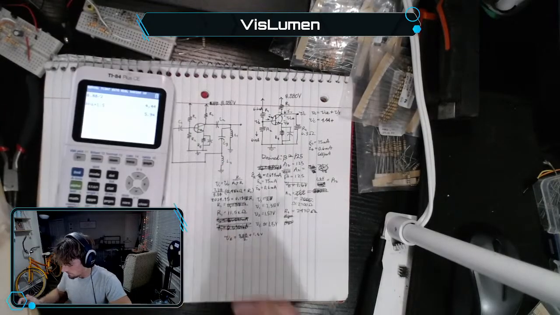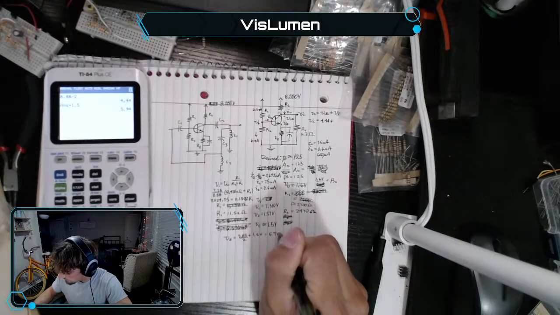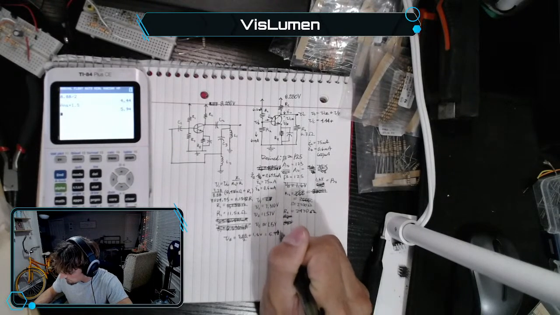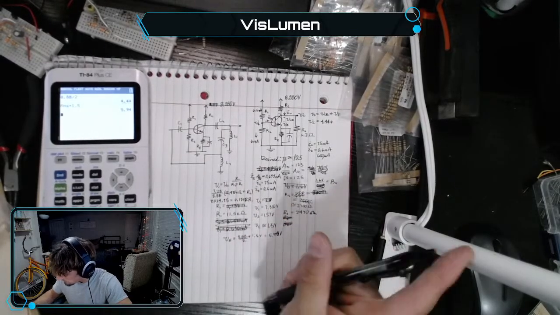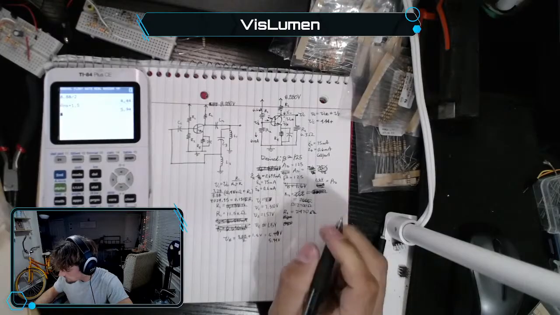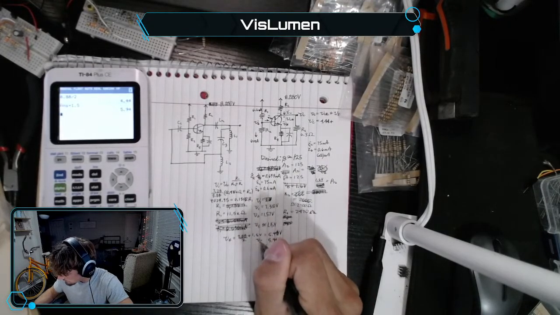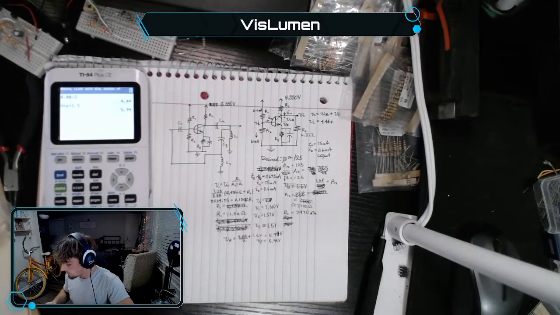Okay, that gives us 5.94 volts. I have to rewrite that. 5.94 volts. That's VE. Write it here again too. Equals 5.94 volts.